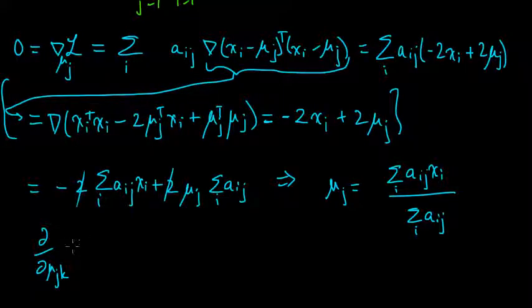It's the derivative of the gradient. In order to verify that this is in fact a minimum, we want to get the Hessian, the matrix of second derivatives. So we differentiate this, and this is 0, so the derivative moves through here. This is 0. And this is a constant, so we get 2 times that constant.